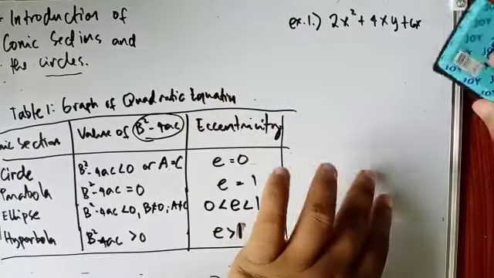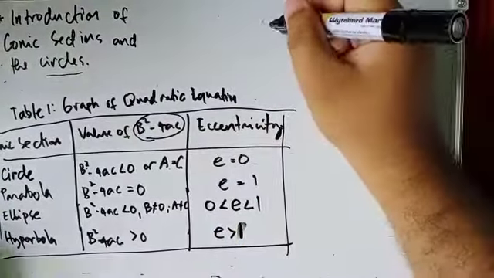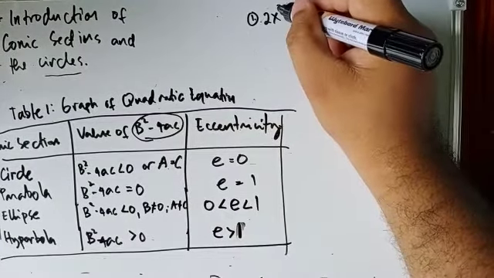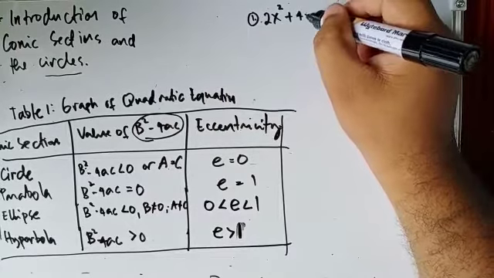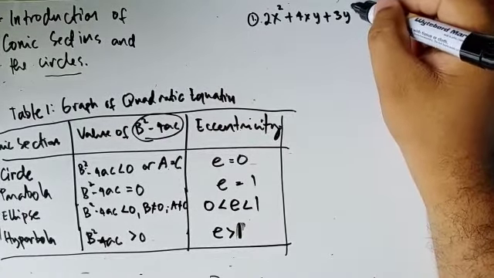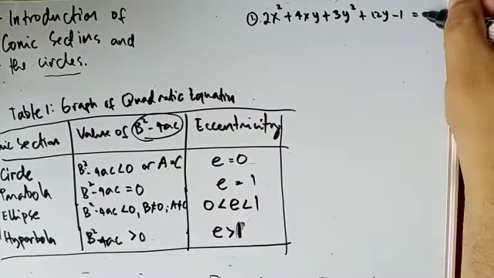Ulitin ko kasi mahaba yung equation natin. So, meron tayo dito for number 1: 2x squared plus 4xy plus 3y squared plus 12y minus 1 equals 0.